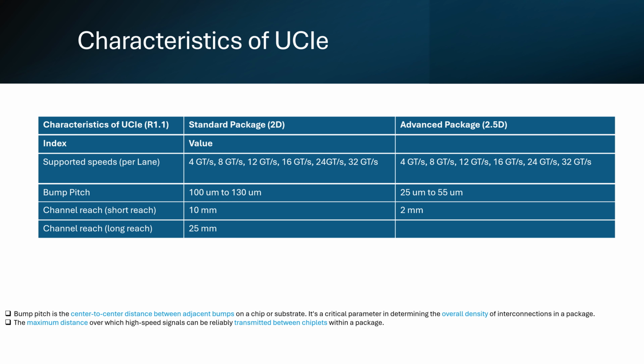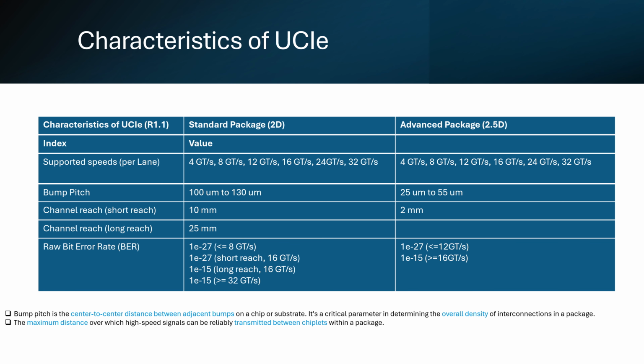When it comes to the advanced package, it does not support long reach. It only supports short reach, which is 2 mm, much smaller than what is supported in the standard package.